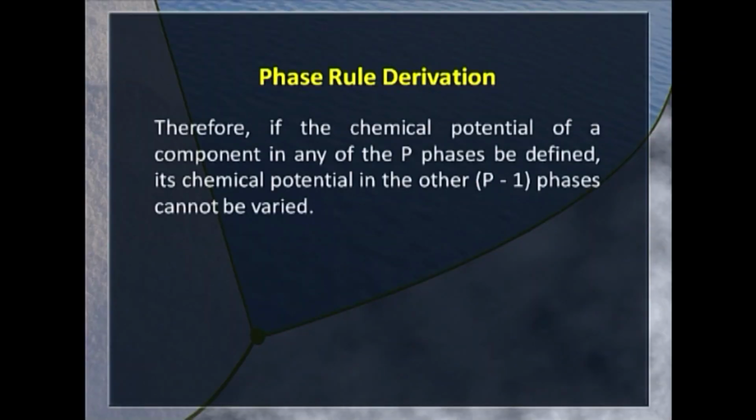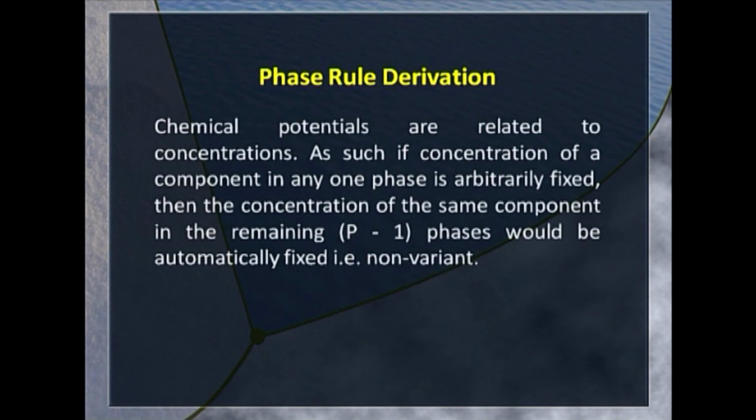But we also know that the chemical potential of a component in any of the p phases, if it is defined, therefore, its chemical potential in the other p minus 1 phases cannot be varied, and chemical potentials are related to concentrations.